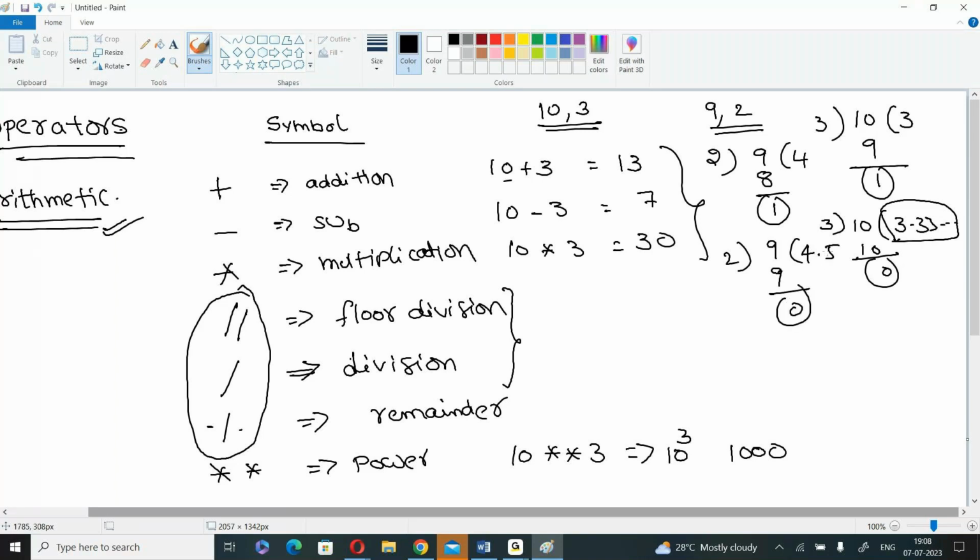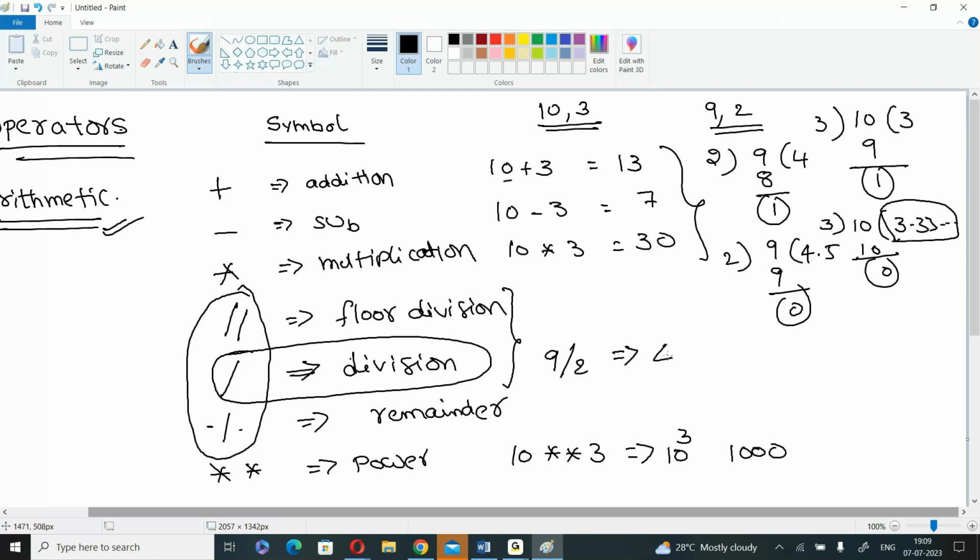Now observe, first I will explain this one. Division, the result is a quotient, and it always performs the exact division. That means 9 by 2, what is the answer?